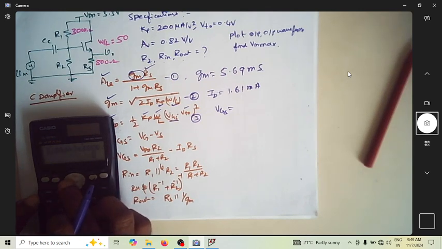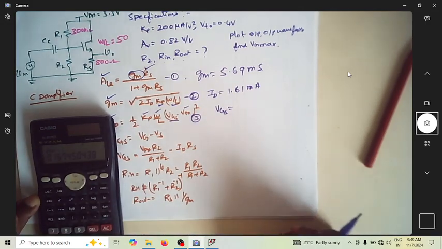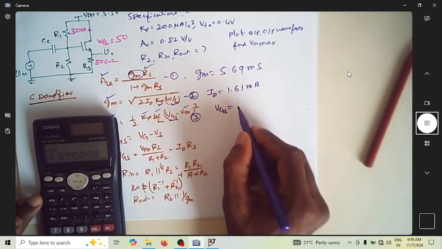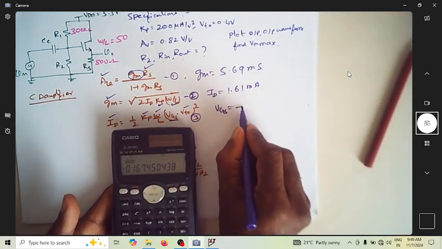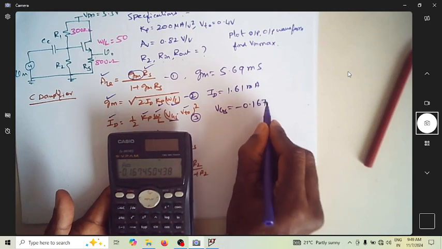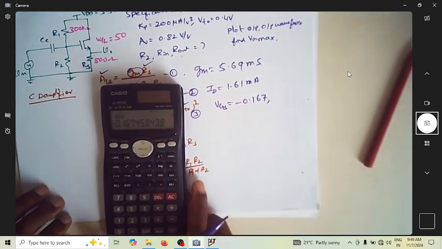Oh, there is a mistake. Shift solve. That's one. So one of the values of VGS is coming out to be minus 0.167 volt, which is not a possible answer.